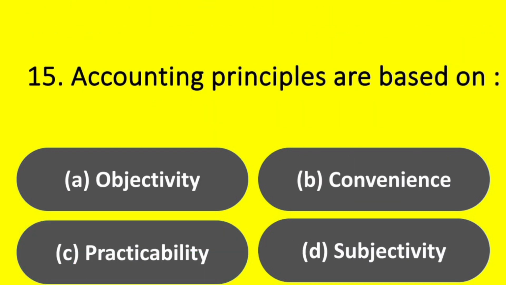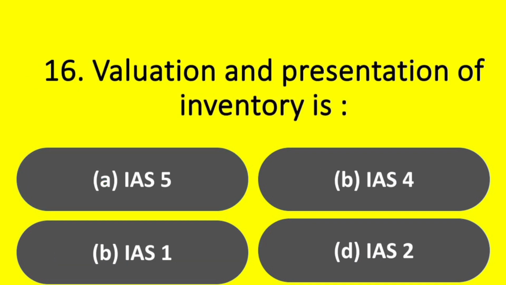Next question. Accounting principles are based on: objectivity, convenience, practicability, subjectivity. Answer: option A, objectivity. Valuation and presentation of inventory is: IAS 5, IAS 4, IAS 1, IAS 2.